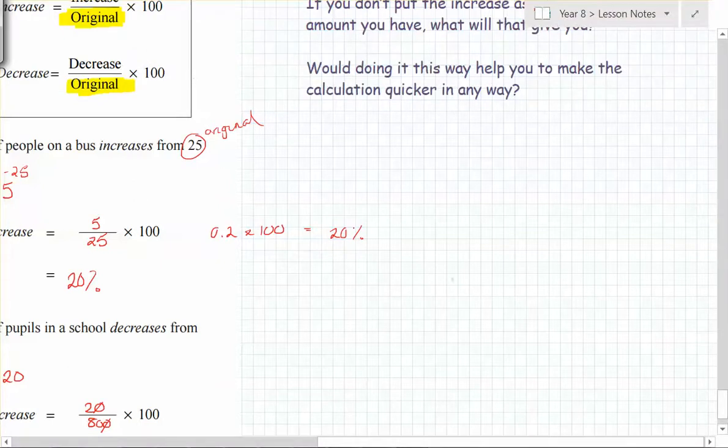What would it be as a fraction? So instead of 5 over 25 times 100, we would have what over 25 times 100? Not 30 minus 25, just 30.